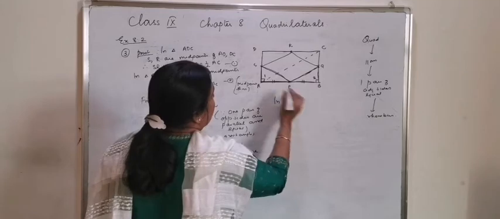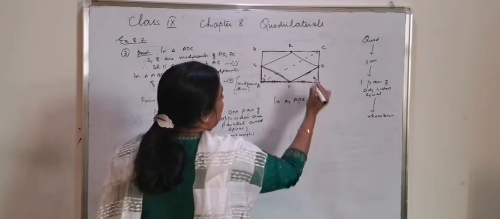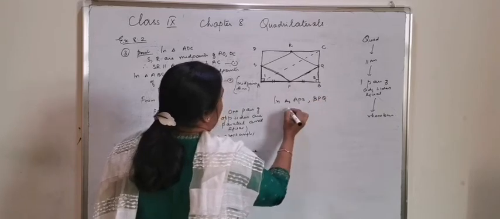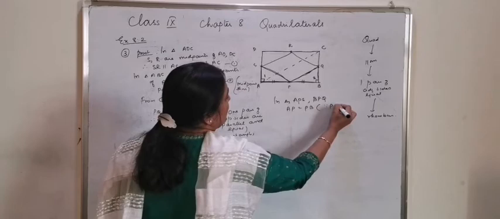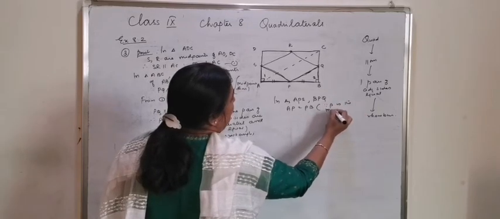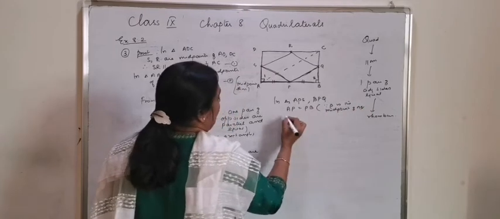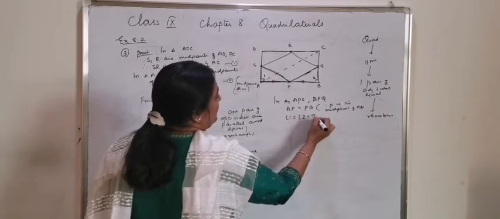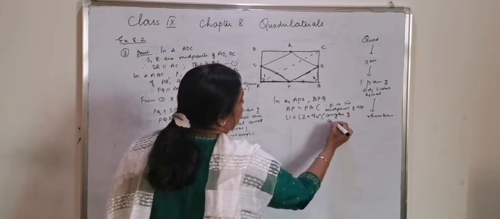In triangles APS and BPQ, AP is equal to PB since P is the midpoint of AB. Then angle 1 is equal to angle 2 is equal to 90 degrees, angles of a rectangle.